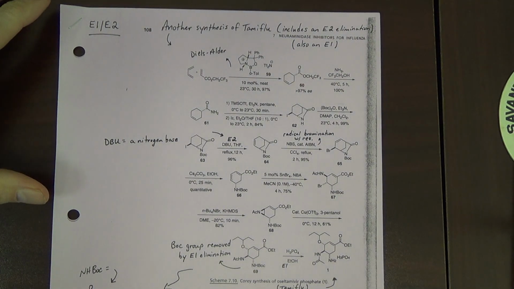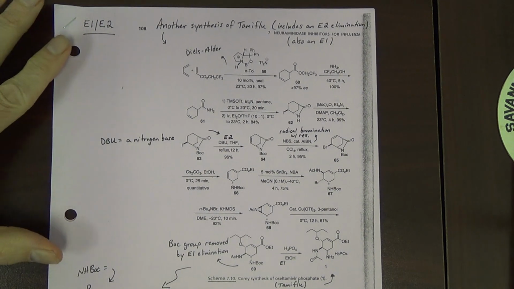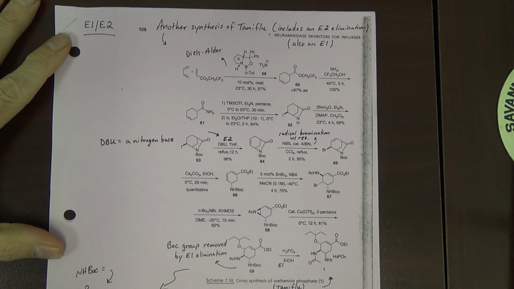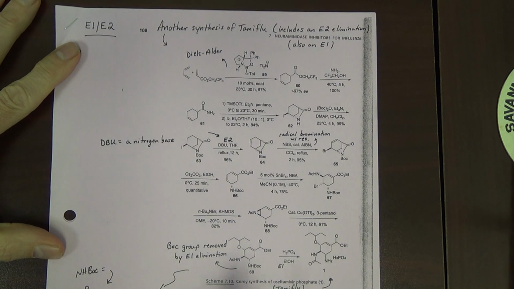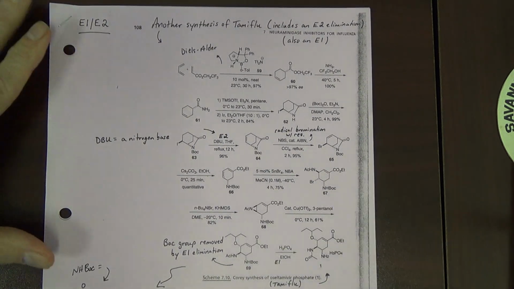Hi guys, in this video we'll begin our look at elimination reactions. This cover page of the handout shows a synthesis of the drug Tamiflu, which is used to treat influenza.